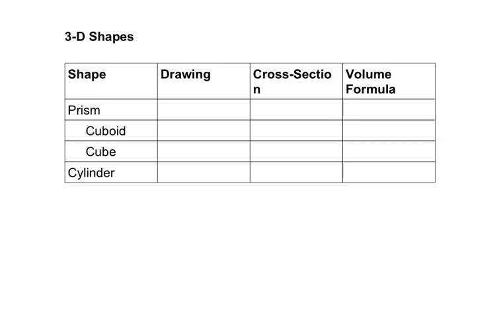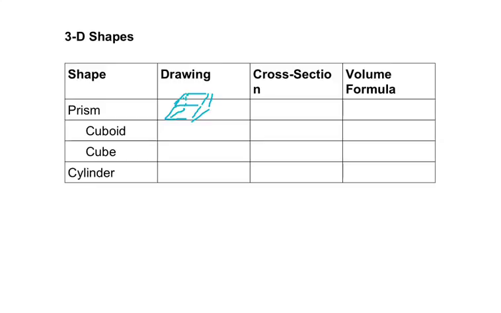A prism is any general 3D shape that is made from a quadrilateral. For example, if we started with a trapezium, or well, that looks like a parallelogram, and then extended it off. There we go, that's a little bit better. A cross-section of that is anywhere I could take a slice and it would look the same.